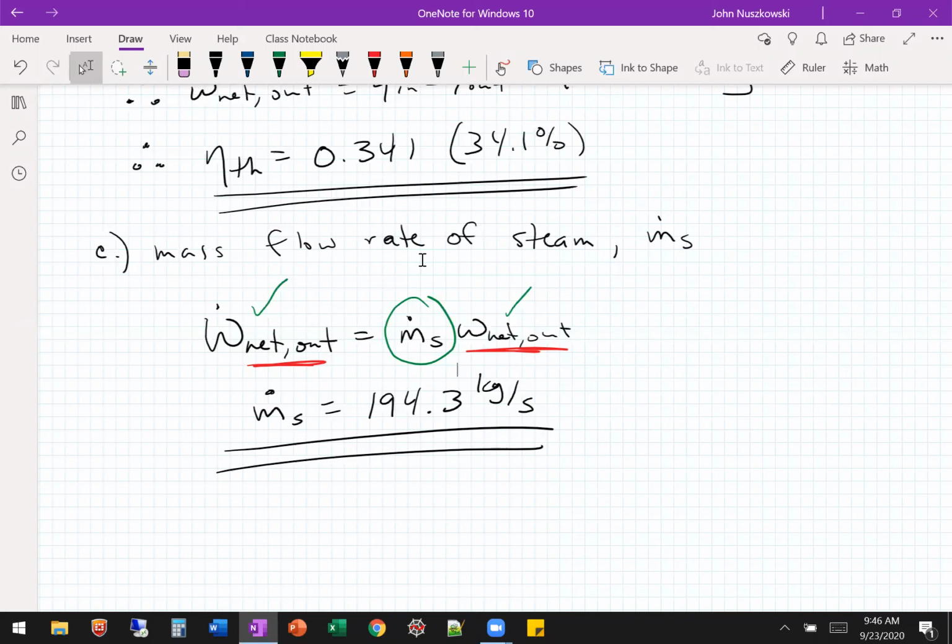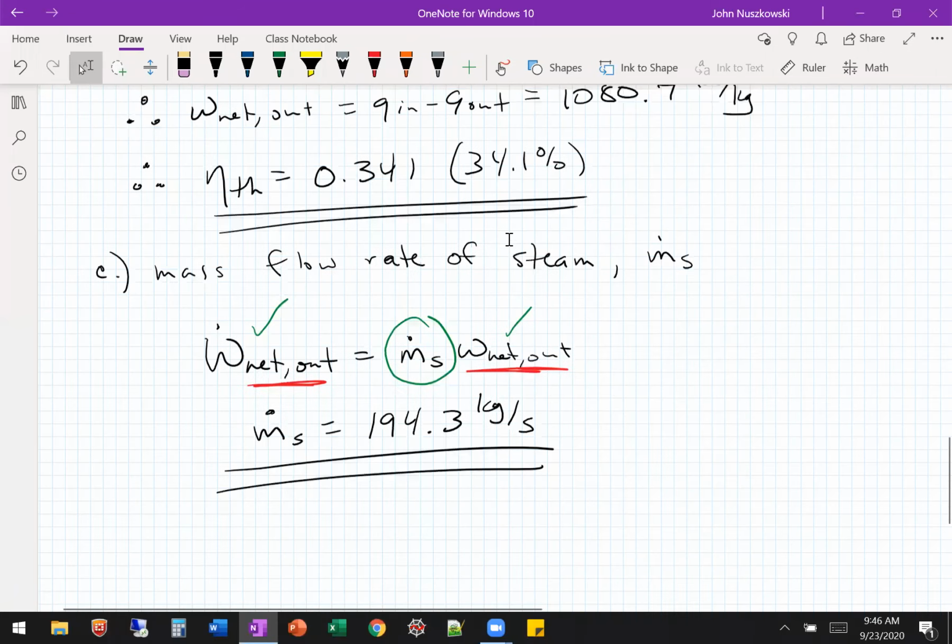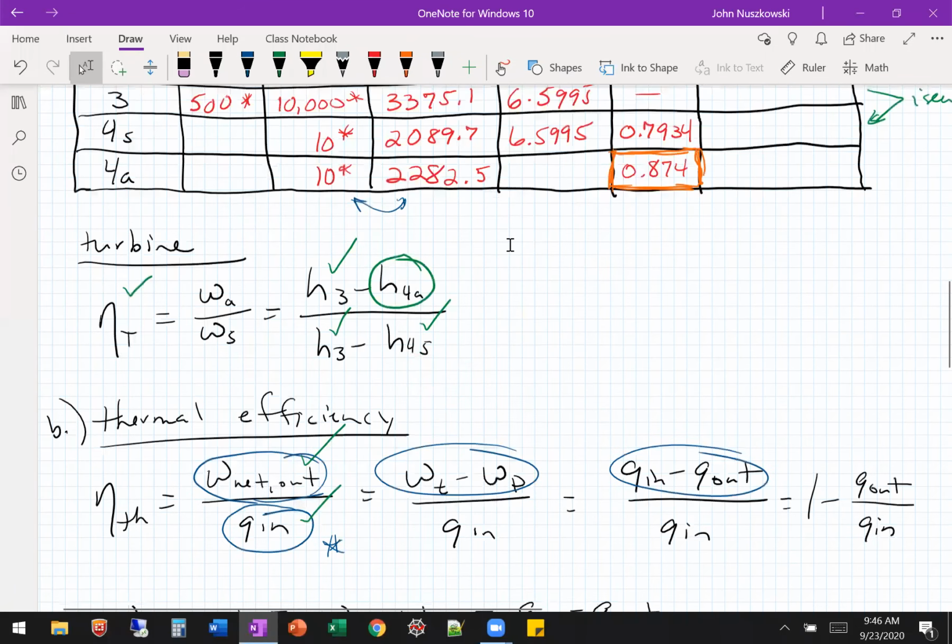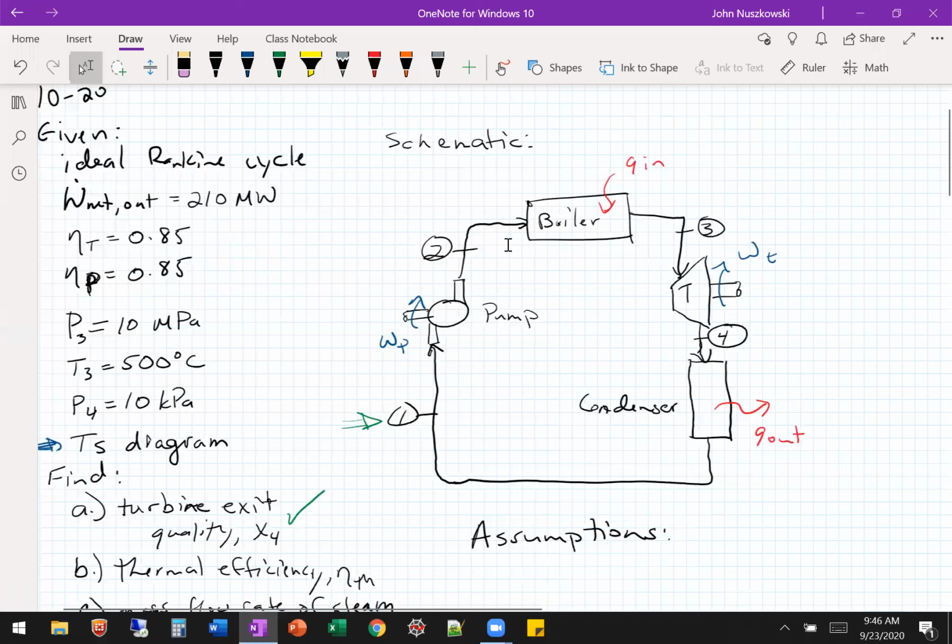What you said earlier, the work powering the turbine and the work leaving are two different things. Right. Because some of that work from the turbine is going back to drive the pump, right?